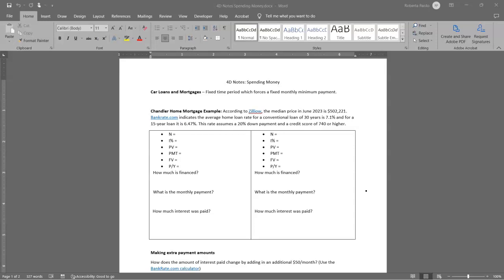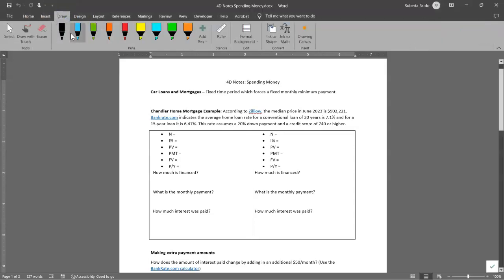So let's see how this goes into the calculator. N, again, is the total number of payments. Let's say this one is the 30-year calculation, and we'll do the 15-year over here. N is going to be 30 times 12 because it's monthly.